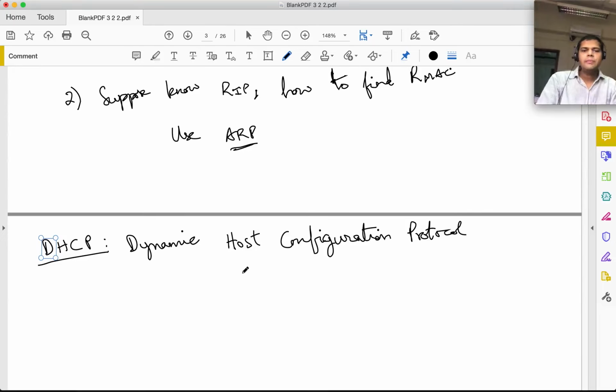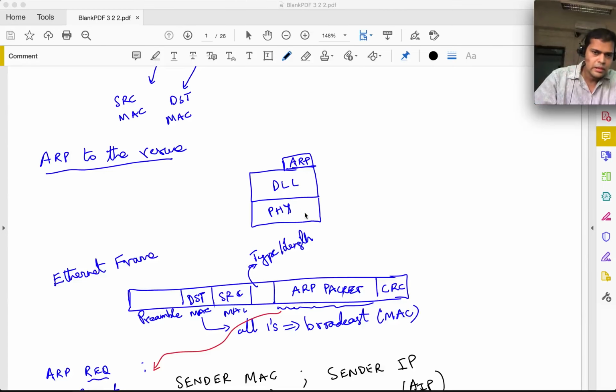This will help a particular host get an IP address, and it will also get information like the subnet mask and the default router's IP address and so on. DHCP. There's one last thing I wanted to discuss about ARP.